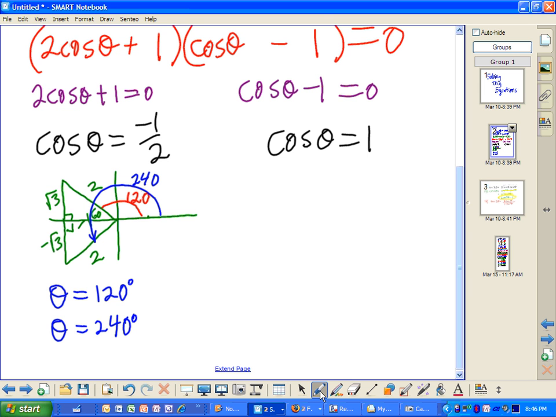Now, the thing about this is that it could be any multiple of this as well. It could be any multiple after 120.